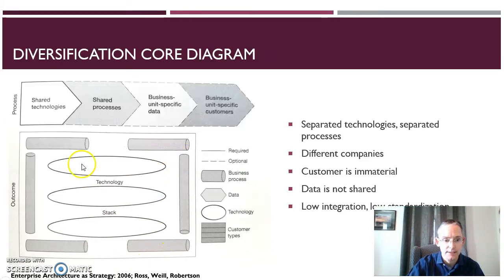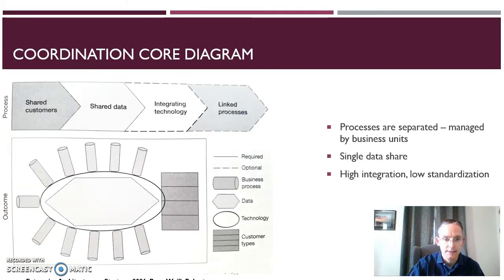So here's the business processes on the outside. You've got a technology stack, all those technologies in there, and then you're going to be defining different companies. The customer really is not as important as the companies themselves being defined. Low integration across all of these, low standardization, and what you're trying to do is keep track of those separated technologies and those separated processes.